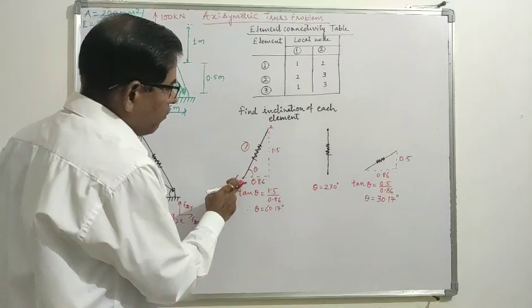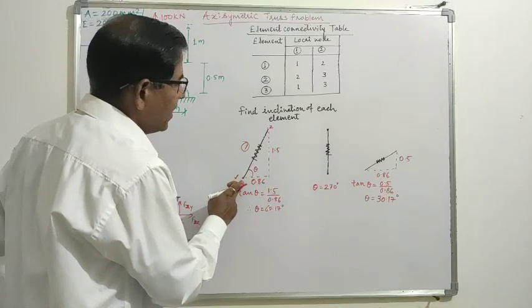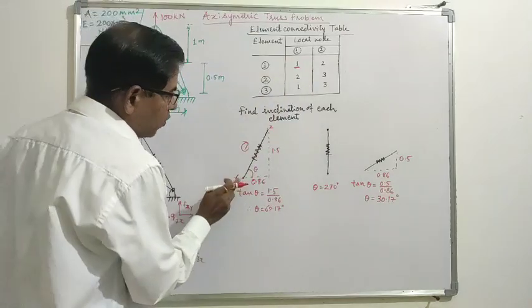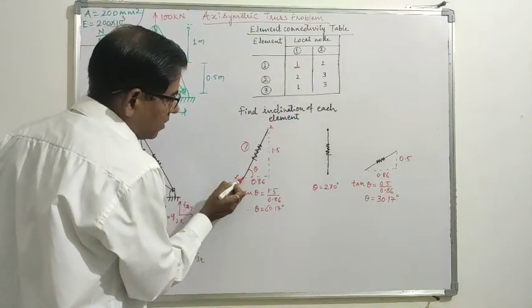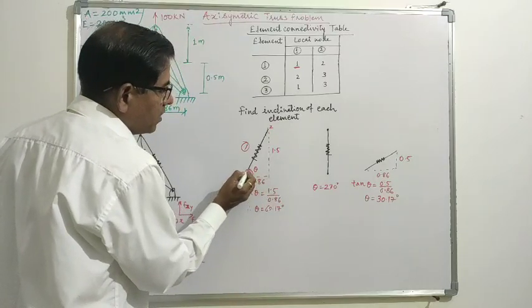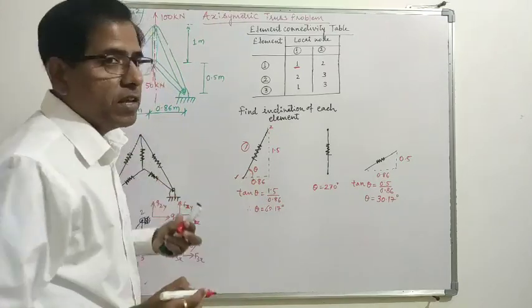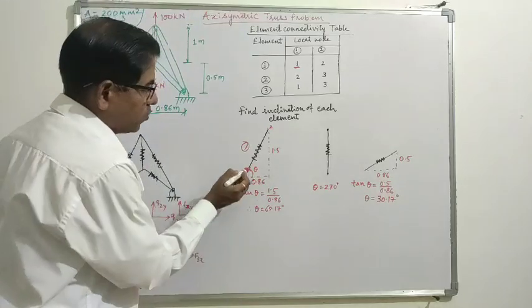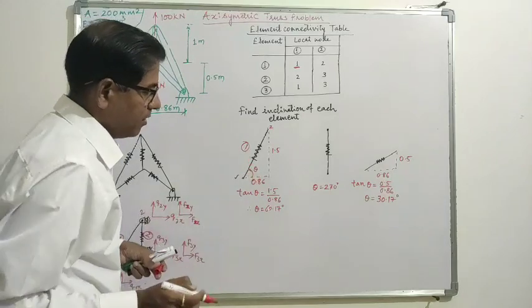We know that we always measure the inclination at the first local node. So consider this as origin, draw positive x-axis and measure the inclination in anti-clockwise direction from the positive x-axis. So this is the inclination theta.